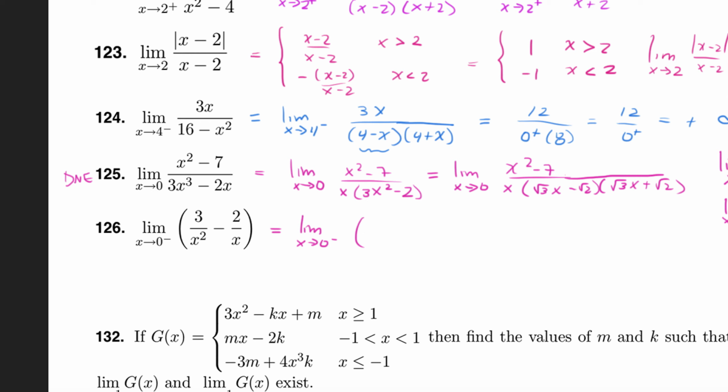Just multiply by x under 2 over x. So, three over x squared minus 2x over x squared.